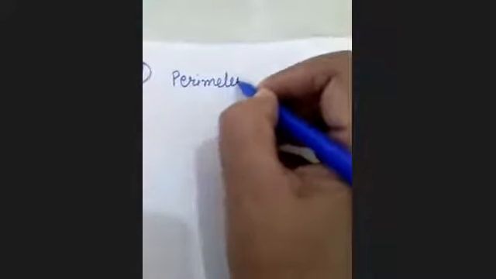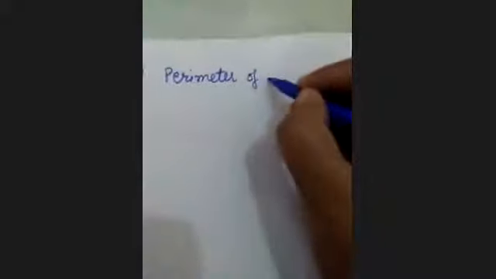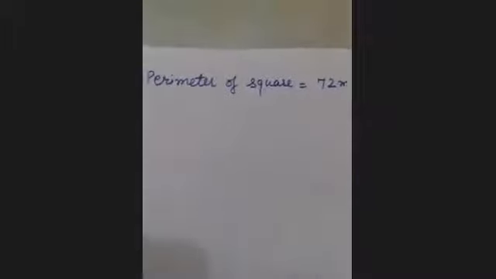Now, perimeter of square is 72 meter. Now find each side of square.